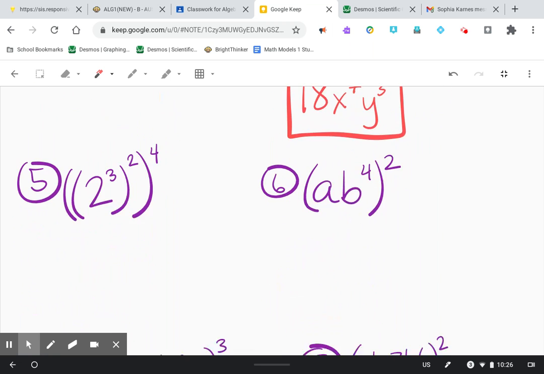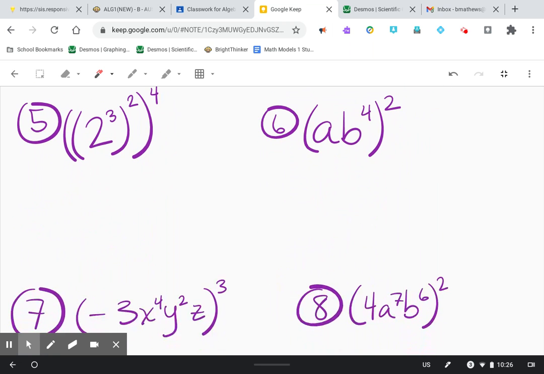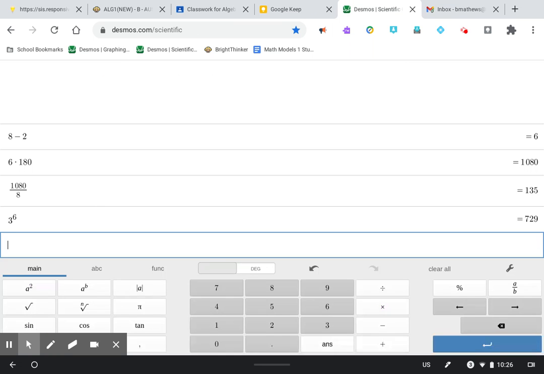All right. Number 5 is doing the multiplication of powers, or power of powers. So this looks like the following. 2 to the 3rd, all raised to the 4th. So when we raise a power to a power, we multiply those powers. So this becomes 2 to the 3 times 4, which is 12... 2 to the 3 times 2 is 6, 6 times 4 is 24. And I'll tell you right now, that's going to be a really big number.